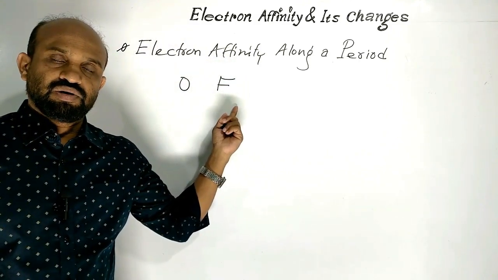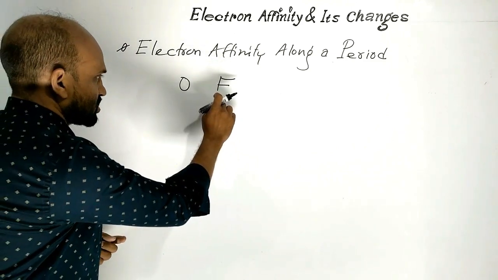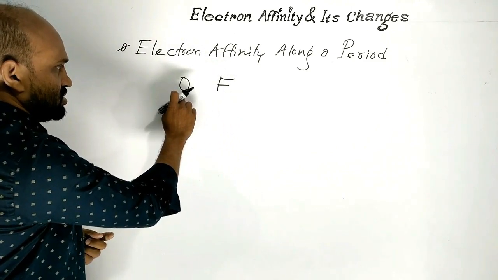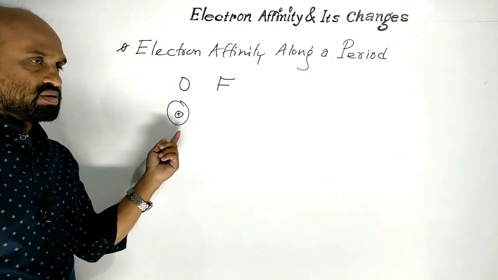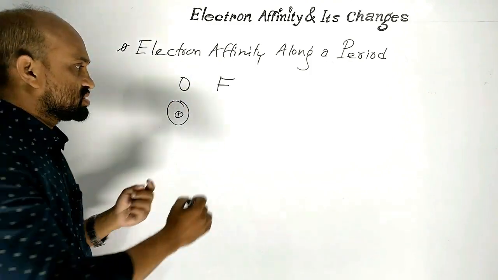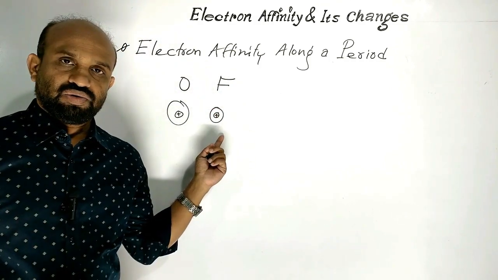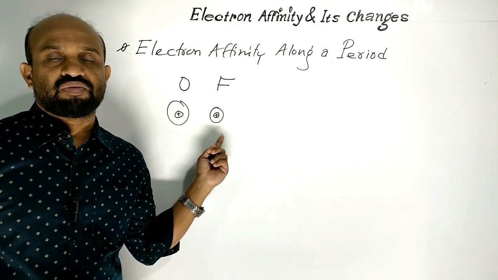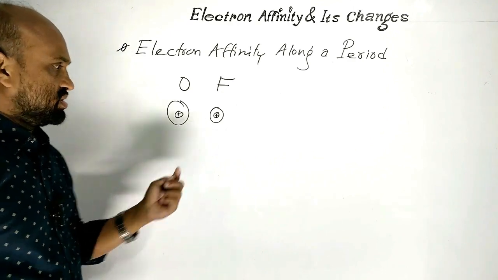In the periodic table, fluorine is on the right side of oxygen. So we can say that oxygen is a bit bigger in size than fluorine. So the electron affinity of fluorine should be higher than oxygen. Let's see.